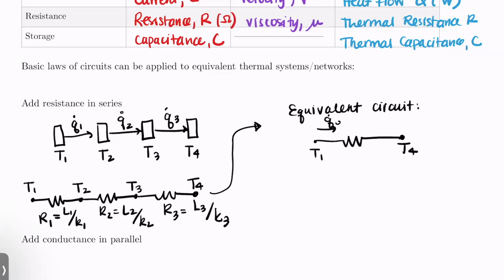So this is our Q dot equivalent, and this is our equivalent resistance. So R_eq is L1 over K1 plus L2 over K2 plus L3 over K3. So in series, we just add the resistances together.